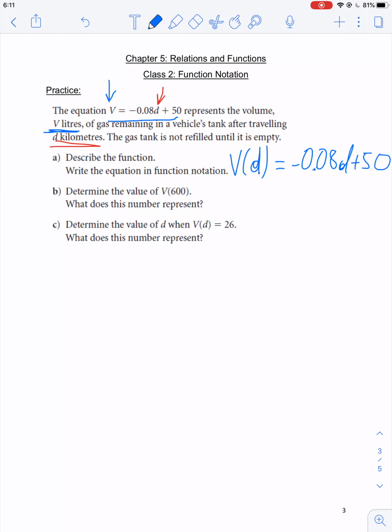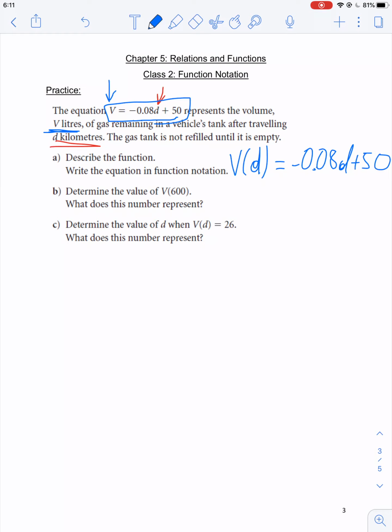Essentially the same thing as what you have up here. The only thing that you're adding is this piece over here. V of D is equal to that. Why D? Because V is a function of D. Depending on how much distance you travel, your fuel will change. It will decrease. The further you travel, the less fuel you will have left.